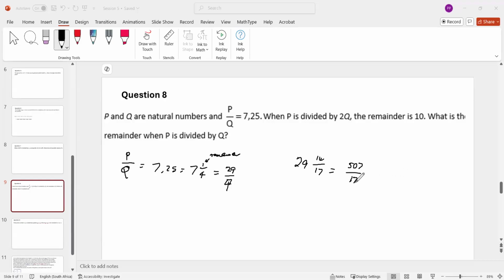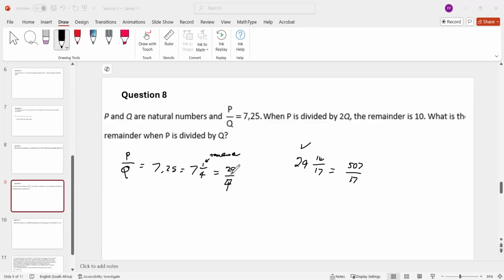What this means is: how many 17s are there in 507? There are 29 of them, and the remainder is 14. So this is the remainder. Okay, so I'm just analyzing what you mean by what you call a mixed fraction.